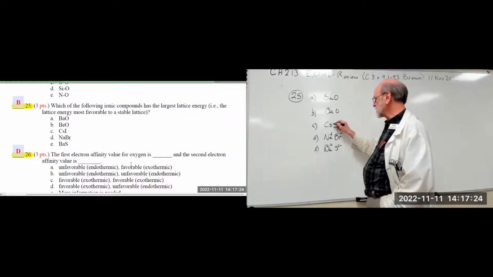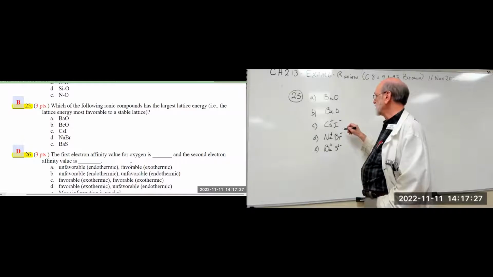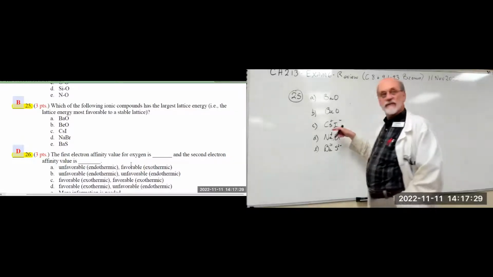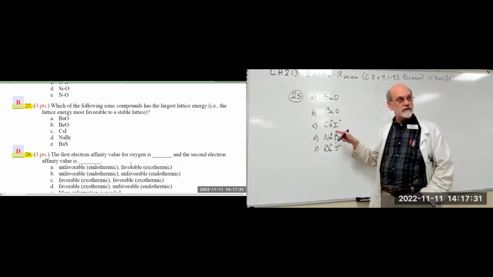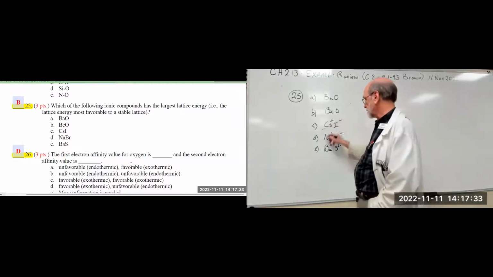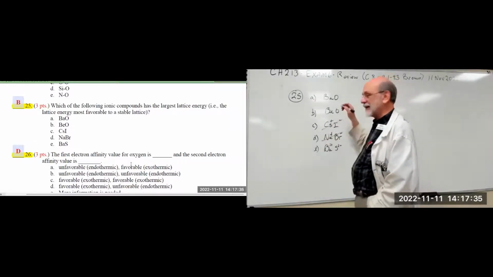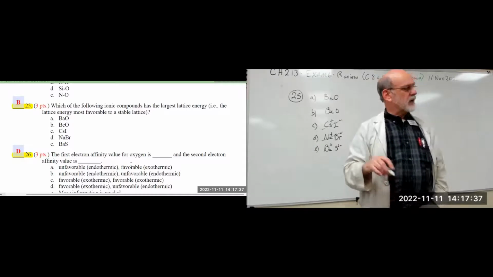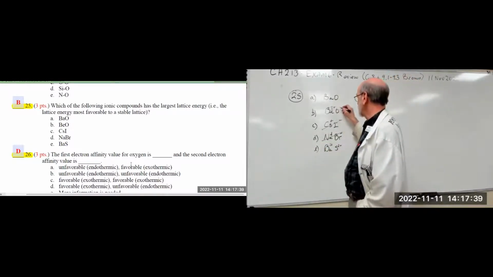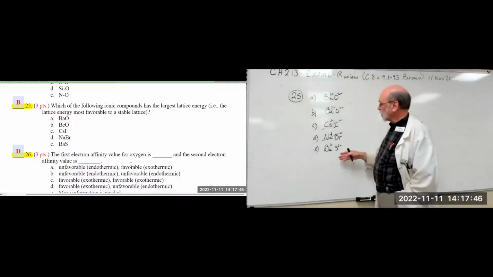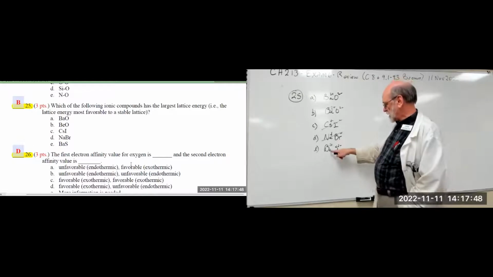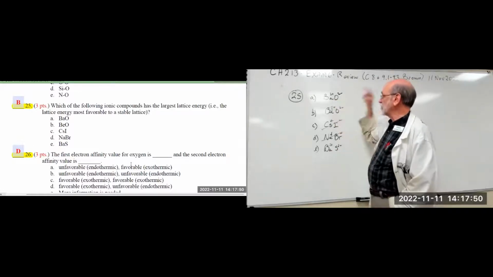A plus and a minus, plus and a minus. Okay, so these would not be good candidates. They're only single charges. Beryllium, yeah, beryllium is a 2+, oxygen 2-, and barium 2+, oxygen 2-. Okay, so we're going to say barium sulfide, beryllium oxide, and barium oxide.